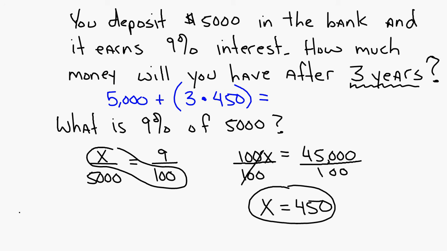And then hit plus 5,000 and hit equals. And what are you left with? 6,350. So that's how much money you'll have in the bank after 3 years at 9% simple interest. Okay?